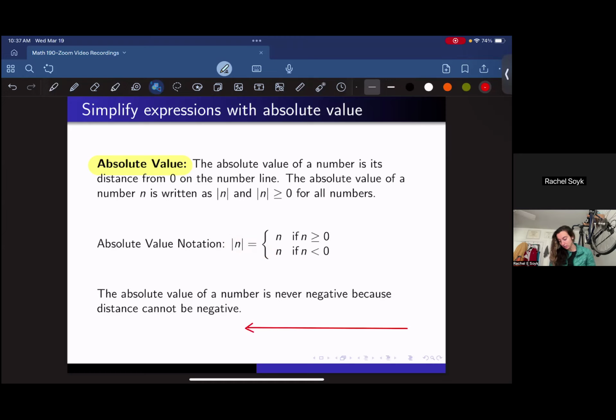Well, again, distance away from zero, it does not matter whether we're looking at a negative value or a positive value. It's always going to end up shooting out to be positive in the long run. Let's say we were looking at the absolute value of -2 versus the absolute value of +2. Both of them will yield 2 units away from zero, which is how we defined it above.